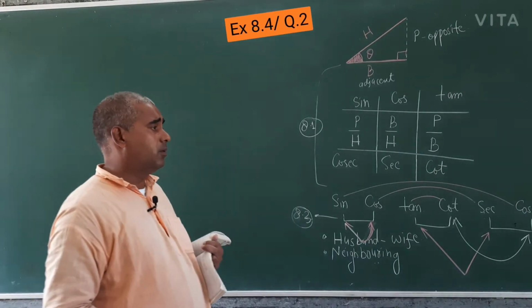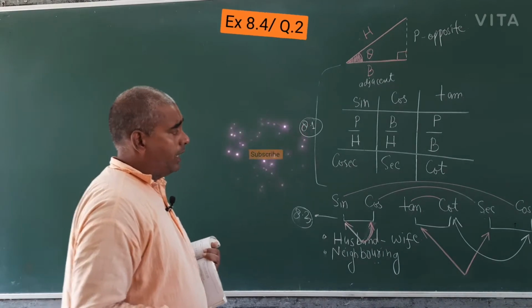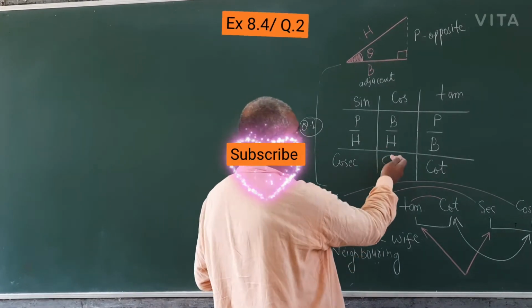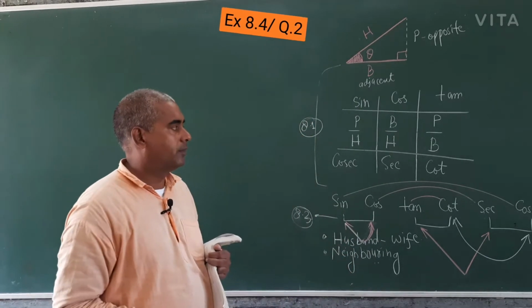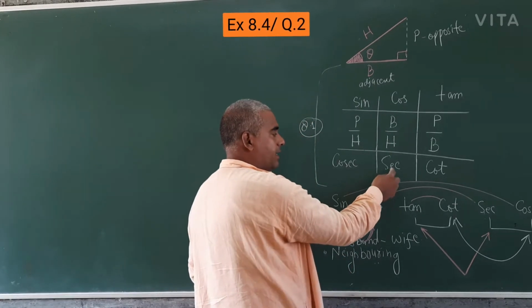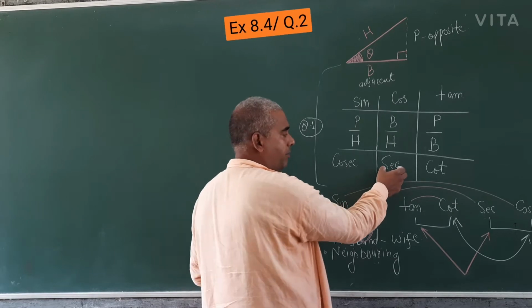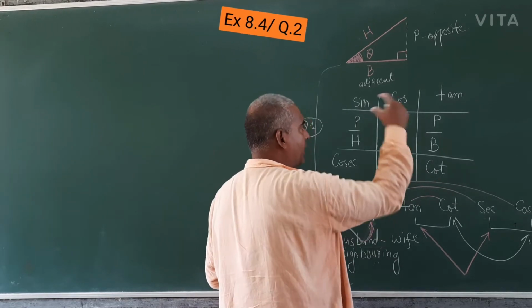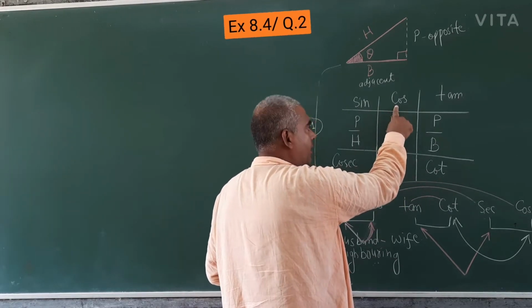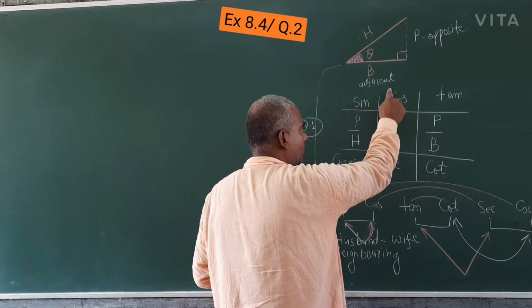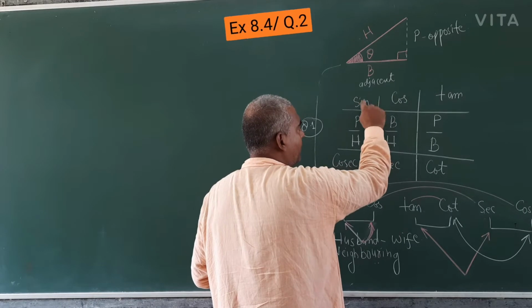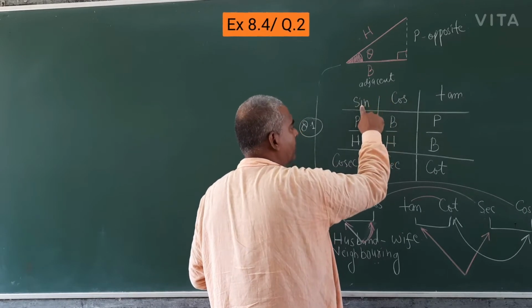Suppose I tell you sec 30 is equal to this value. Sec A, I tell you sec A. So you can find the inverse of that, you will get cos. If you find the cos value, then with the help of sin square theta plus cos square theta you can find the sin.